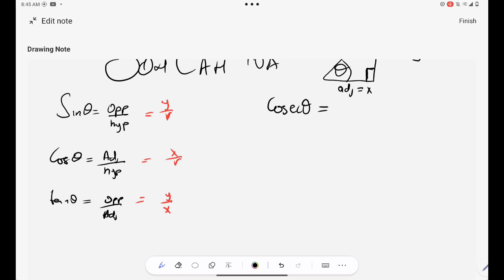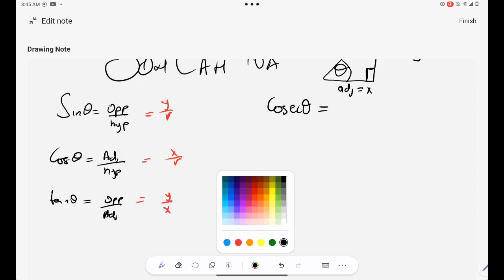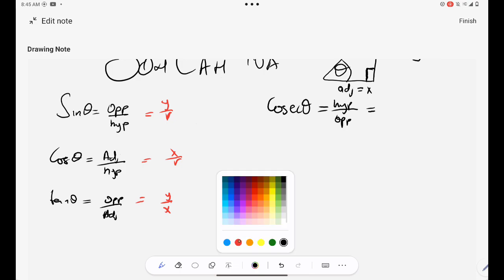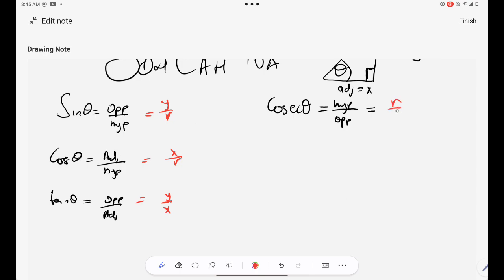So it simply means that cosec is just an inverse for sine. Since sine is equal to opposite over hypotenuse, cosec will be hypotenuse over opposite, which can be written as R over Y.